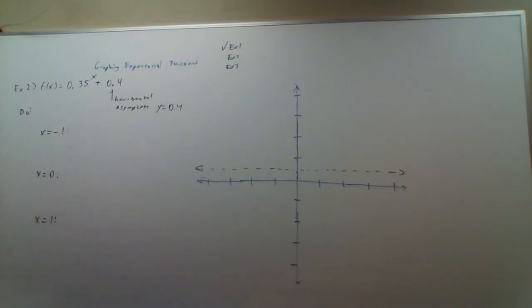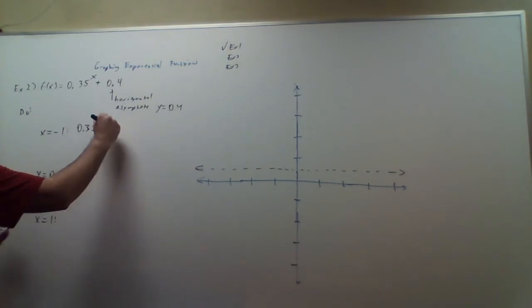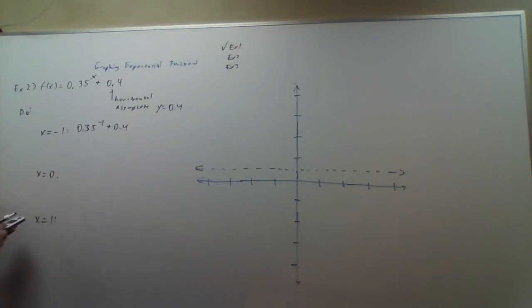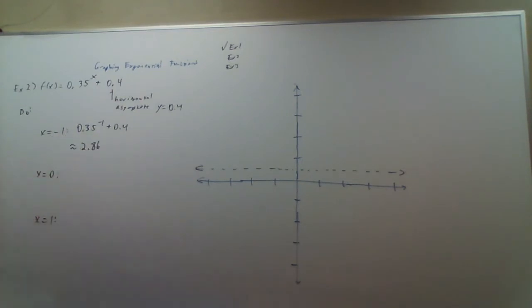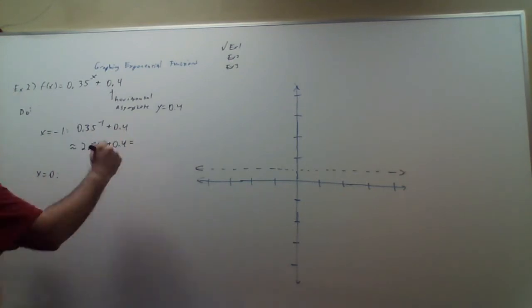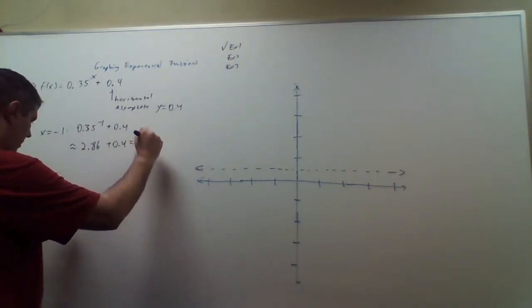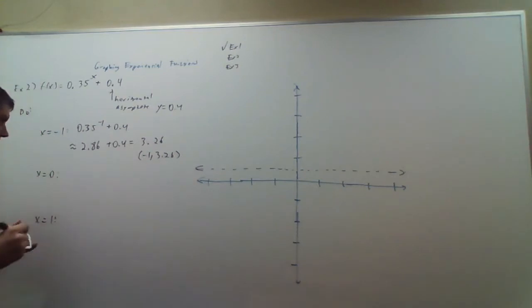So, I'll take 0.35 to the negative first plus 0.4. I have 0.35 raised to the negative first power, approximately 2.86, plus 0.4, approximately 3.26. So we have -1, 3.26.